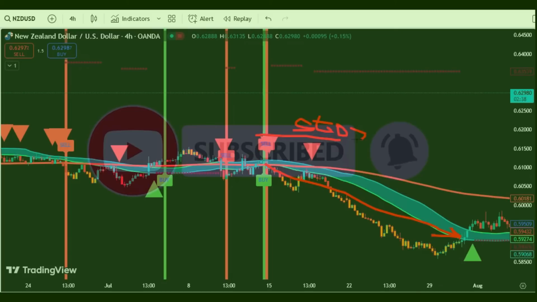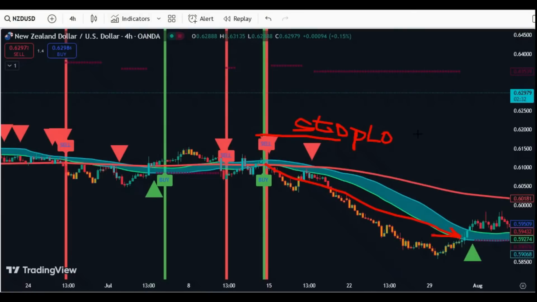So always use a proper stop loss level so that it will be easier for you to navigate the market, because using a good risk to reward ratio will keep you in the market for the long run. So this is a very nice point to always bear in mind.